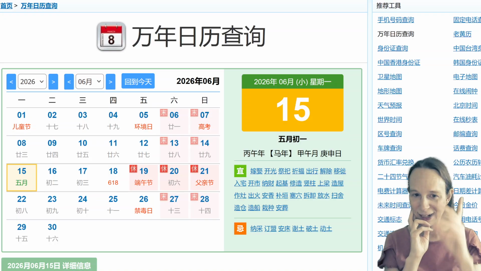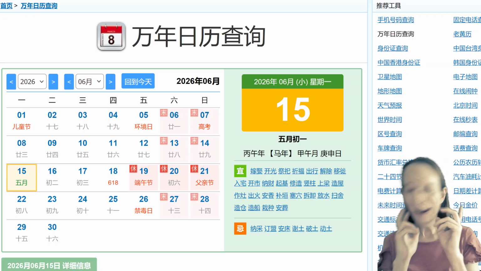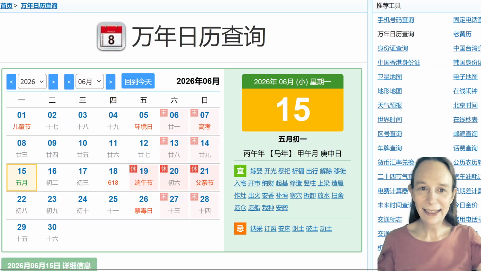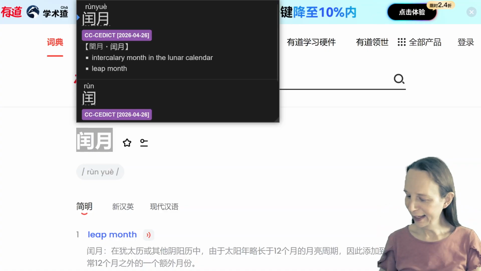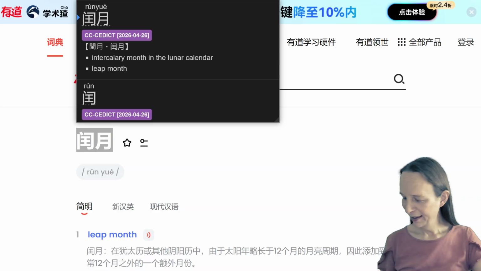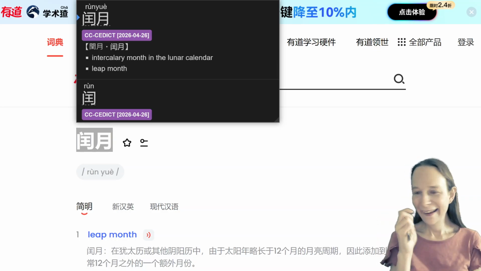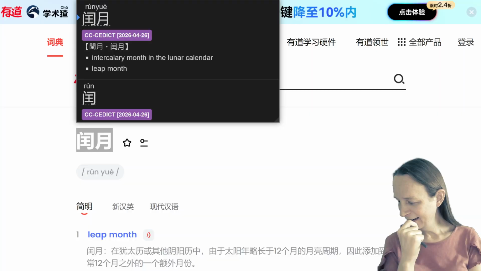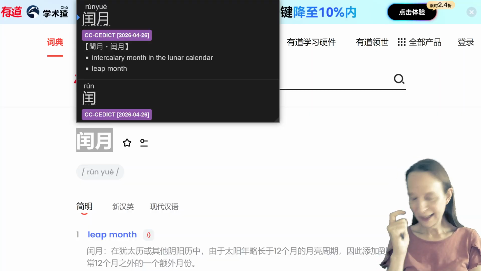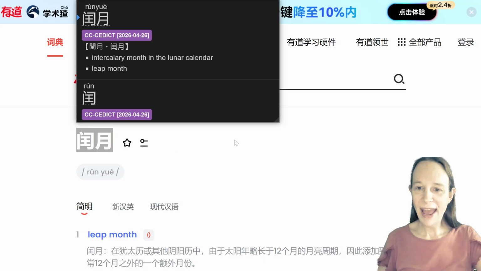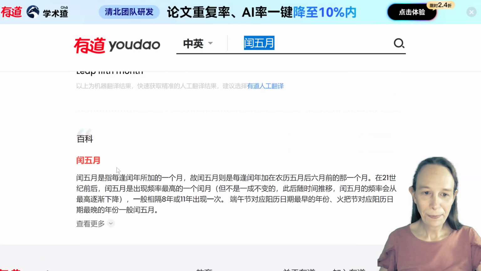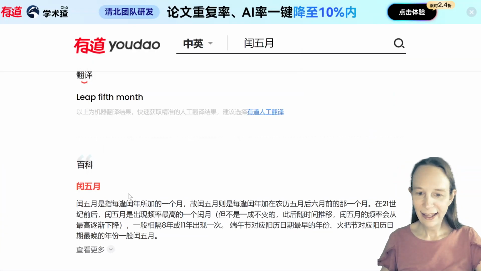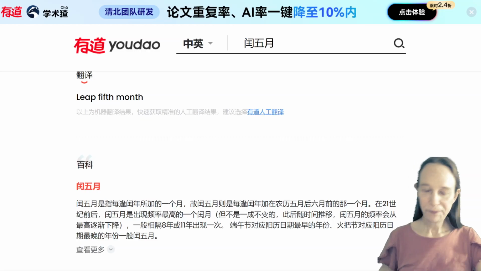All right, now, so, oh yeah, and so we have these leap months added roughly every four years. The next leap month, according to my Googling, is, sorry, there's a leap May, or leap lunar May, yeah, 闰5月 in 2028.